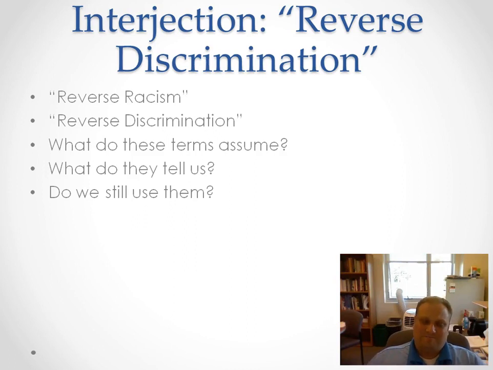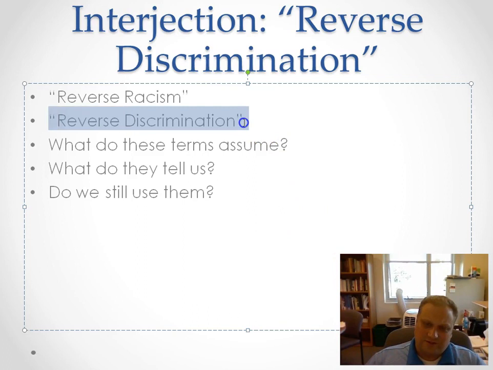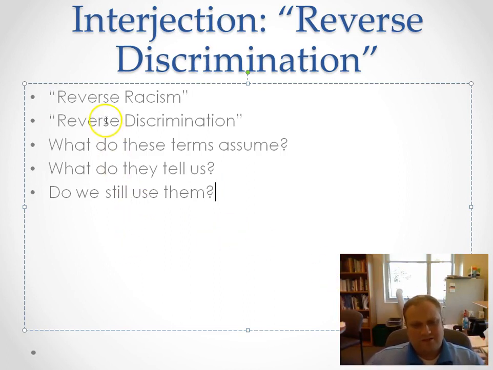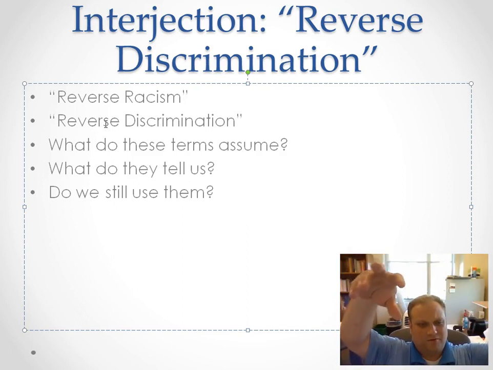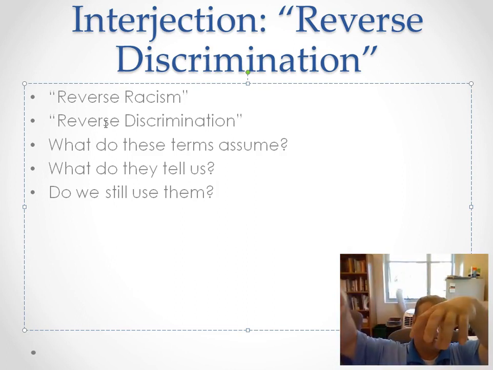And in this case, you often hear this phrase, reverse discrimination, and sometimes you'll hear reverse racism. When you hear reverse racism, reverse discrimination, you hear this big outcry. It also tends to assume that there was one acceptable or previously acceptable form of discrimination.